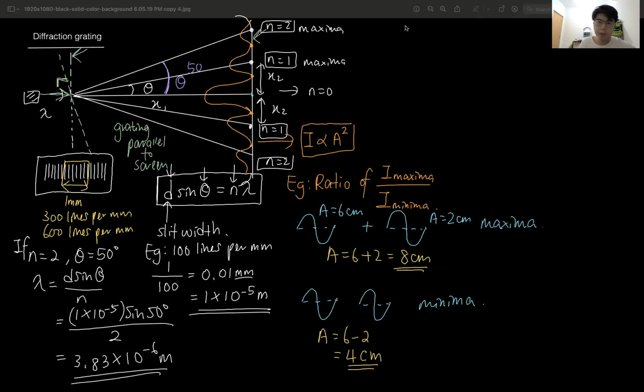So the ratio of I max over the intensity at the minimum equals 8 squared over 4 squared, which equals 4. So the intensity at the maxima is about 4 times the intensity at the minimum. It's kind of like the ratio of the middle one to the one next to it, the bright and the dark fringe.